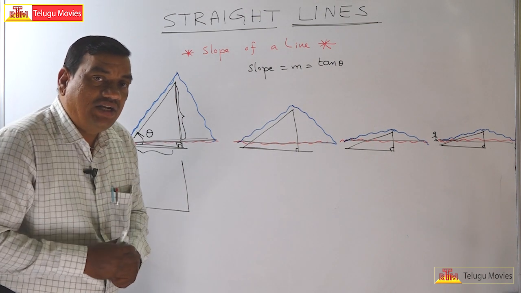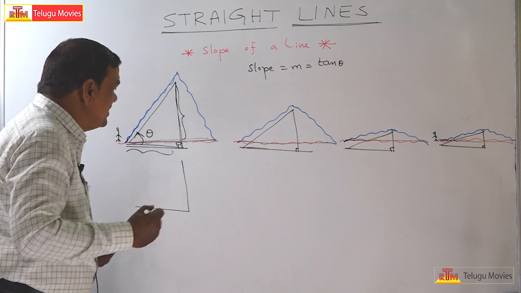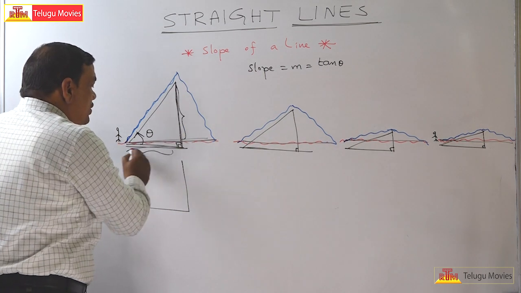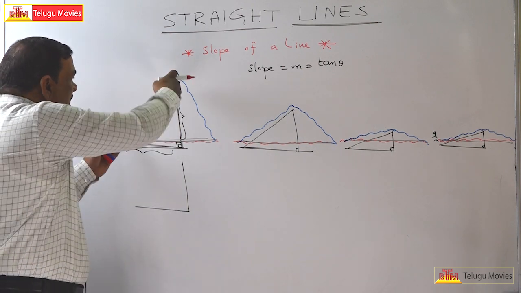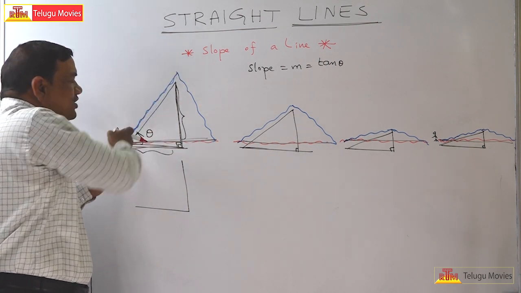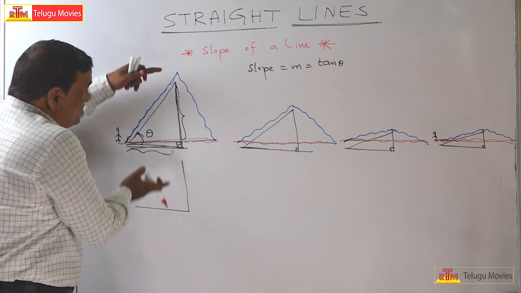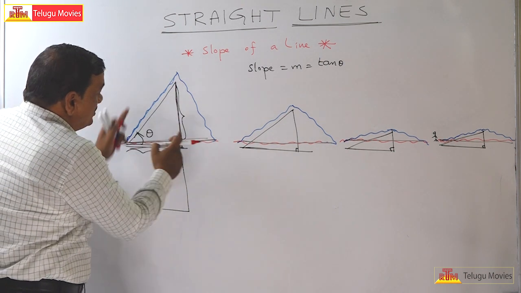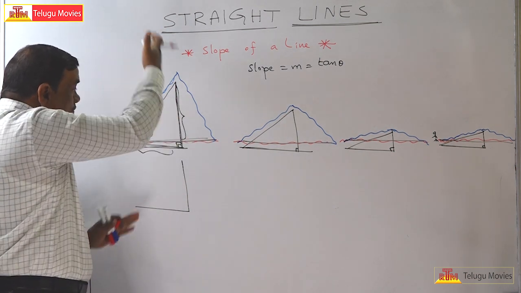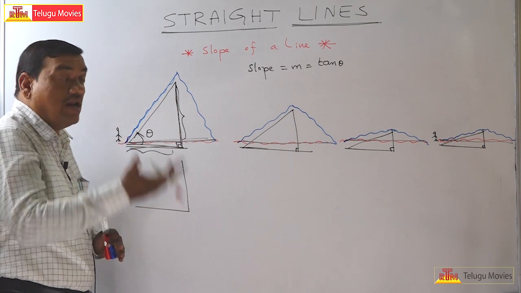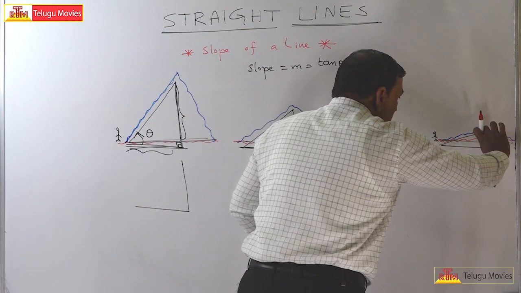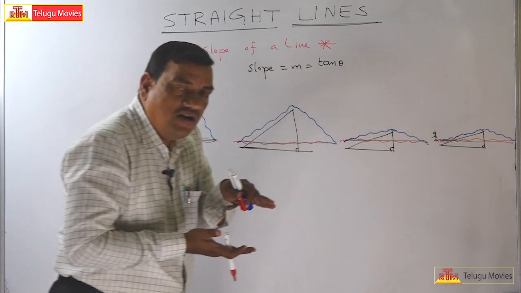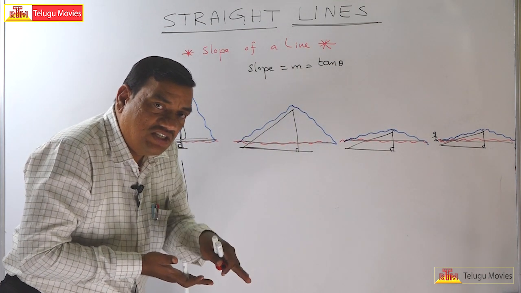In trigonometry, which ratio gives the opposite side and adjacent side? The hypotenuse does not matter. This is the ratio, opposite side to adjacent side. Here it has more value, here somewhat less, here still less. The opposite side is still decreasing, therefore steepness is also decreasing.